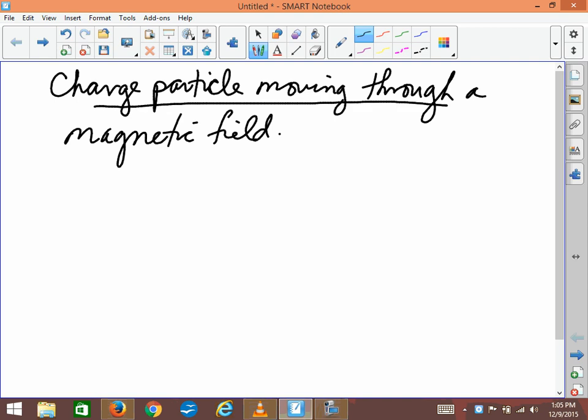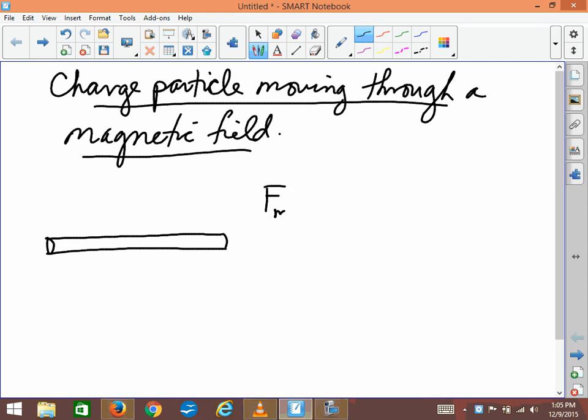All right. Well, if a conductor is moving through a magnetic field, we describe the force, the motor force, the magnetic force, as Fm = BIL sine theta.